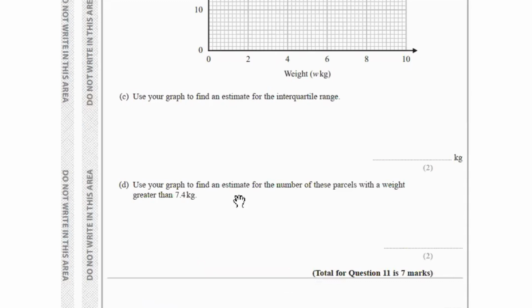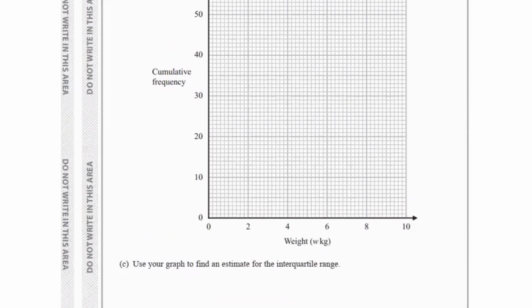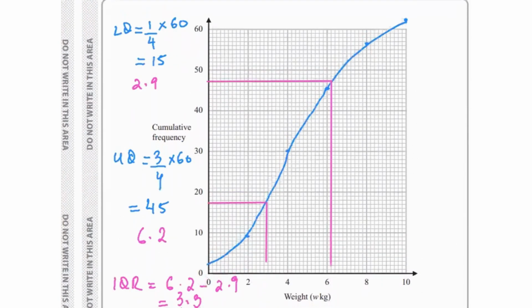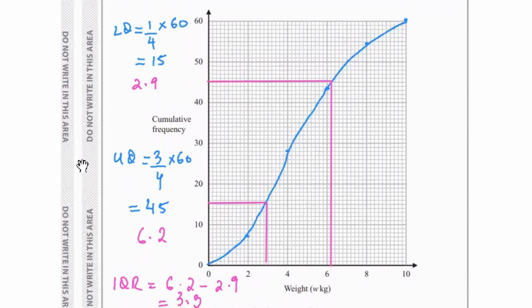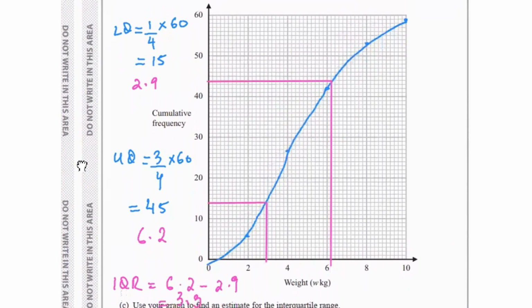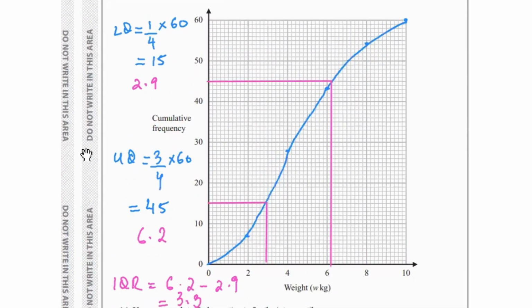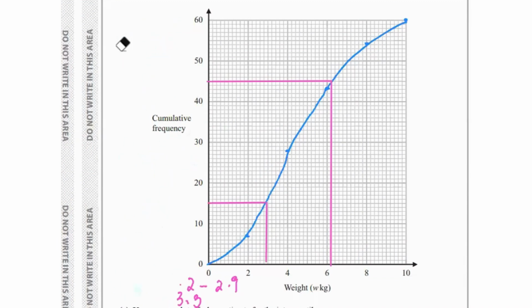Then it says use a graph to find an estimate for the number of these parcels with a weight greater than 7.4 kg. So for a weight greater than 7.4 kg, that's going to be this.